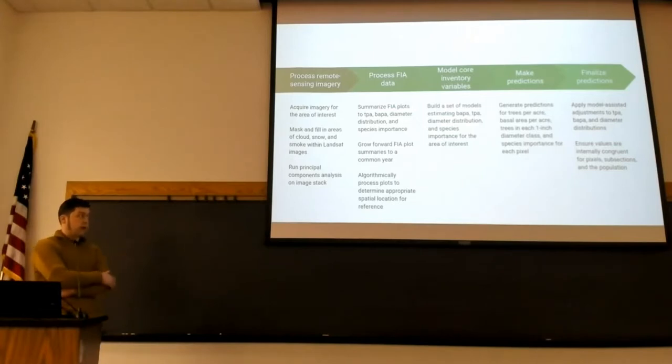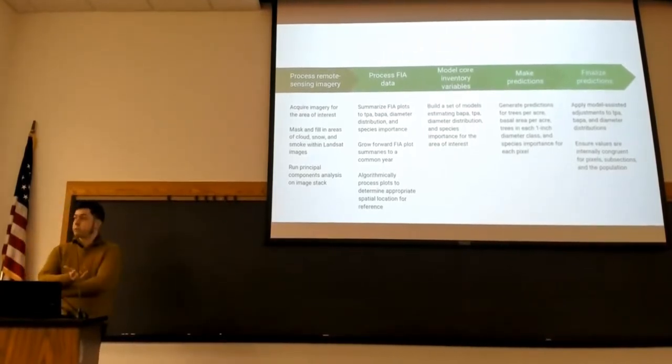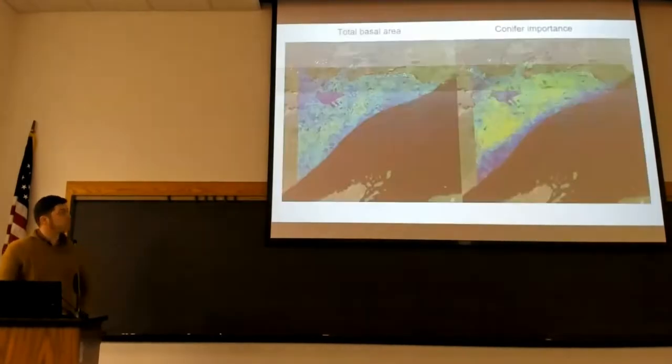So we want to respect that. The other thing we do at the back end is render that raw set of predictions into tree lists for each of those individual pixels. It's nice because it gives us a lot of extensibility in terms of how the information is processed and scaled. I think it's one of the things that makes it particularly useful for wildlife applications as well as a lot of other forest management applications.